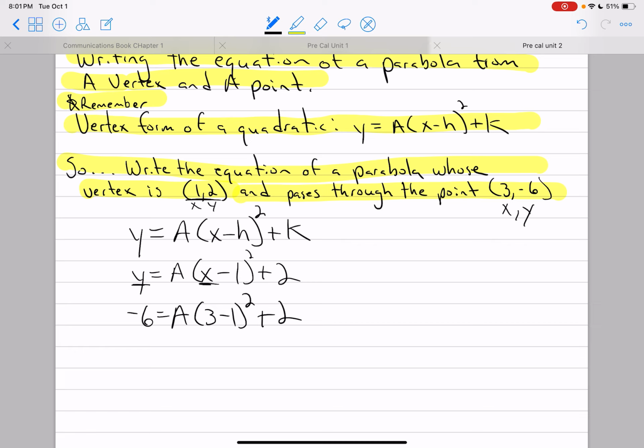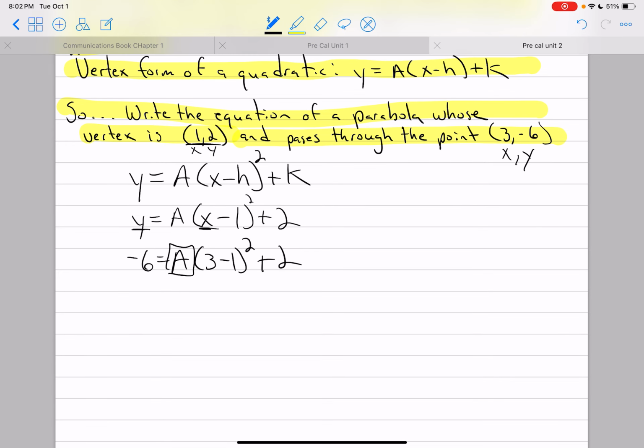Well, now we are down to one variable, one unknown, and we can just use algebra to solve for this one. So let's go ahead and do it. Well, 6 equals a times 3 minus 1 is 2 squared plus 2.